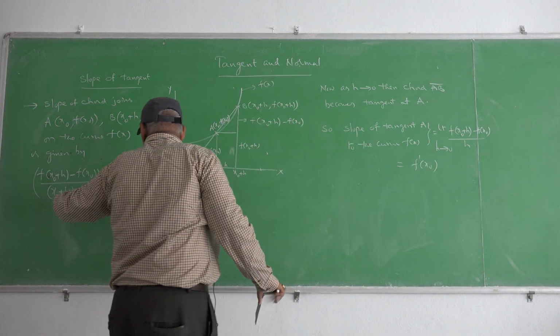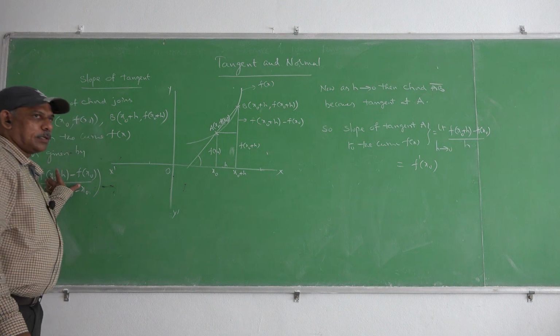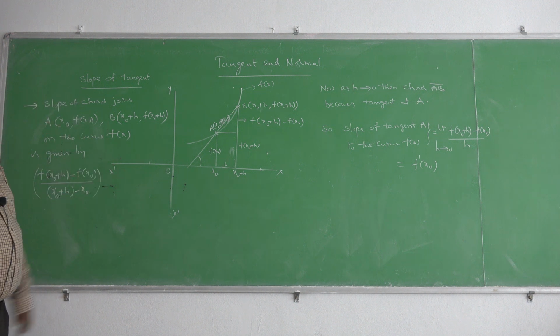As h goes to 0, this slope becomes the slope of the tangent.